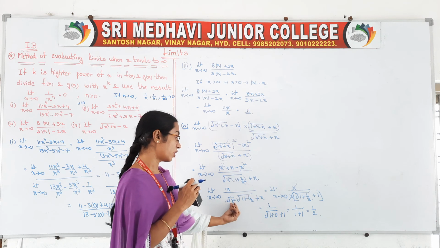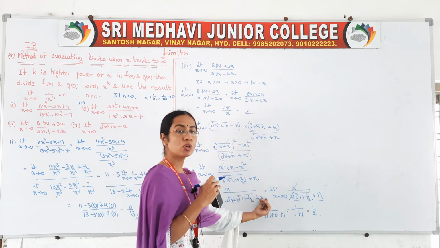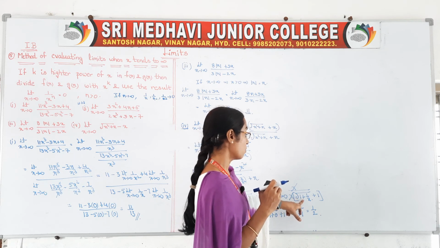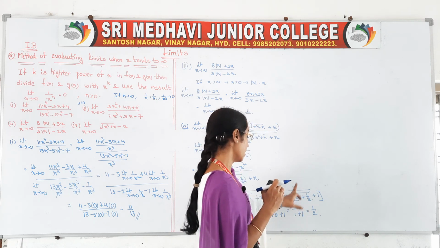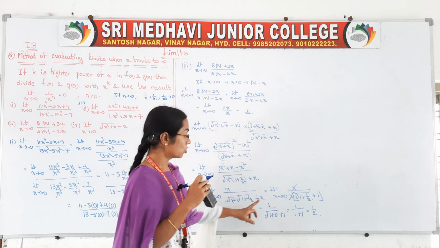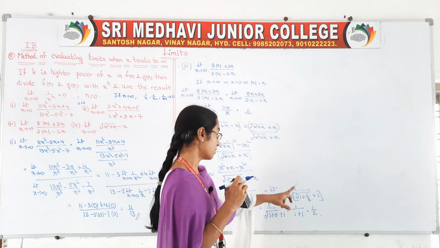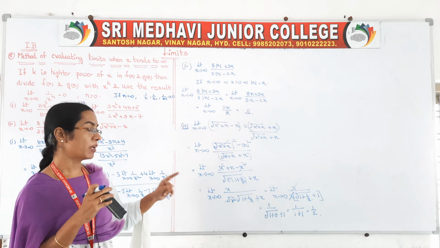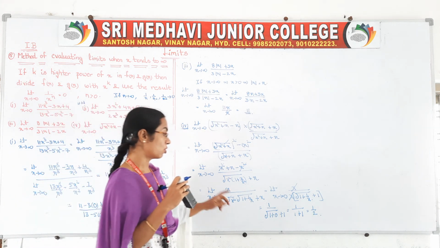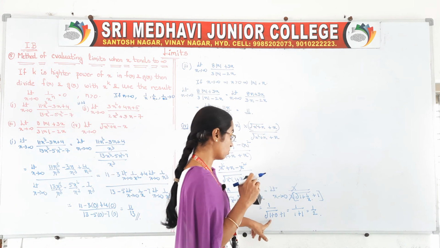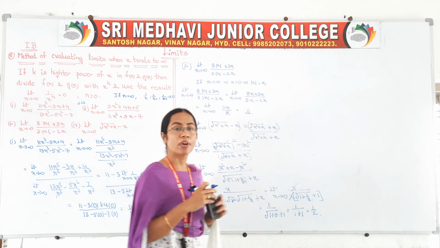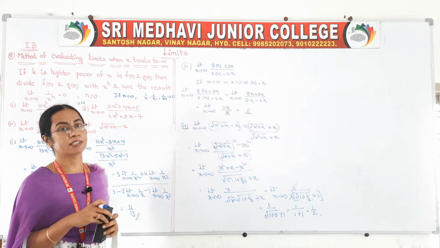Now if you observe, x is here, here also x is there. So I have taken x common here, root of 1 plus 1 by x plus 1, x cancels. So it is 1 by root of 1 plus 1 by x. If x tends to infinity, 1 by x value tends to 0. So 1 plus 0 plus 1, root 1 is 1. So 1 by 1 plus 1, that is 1 by 2 is the answer.